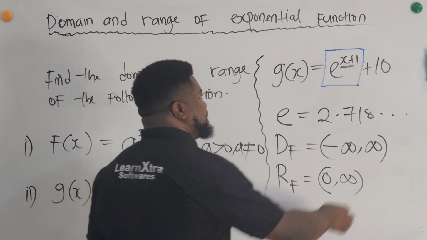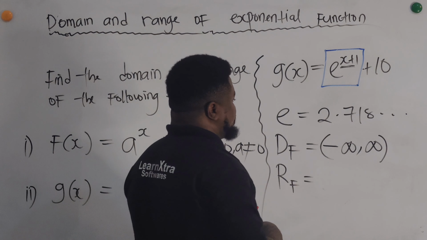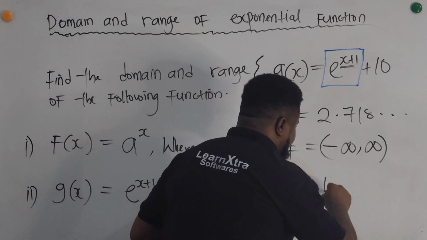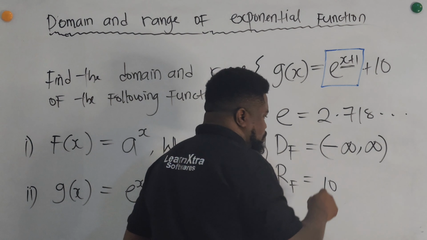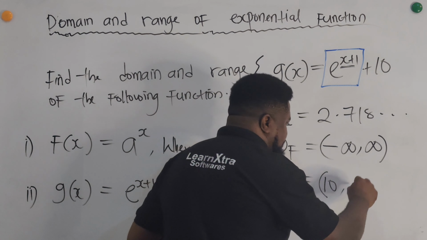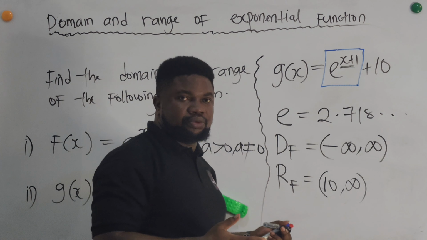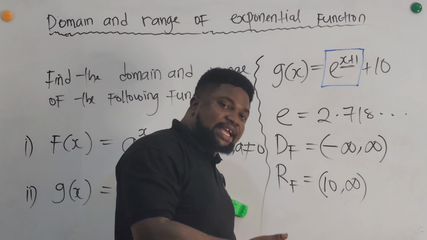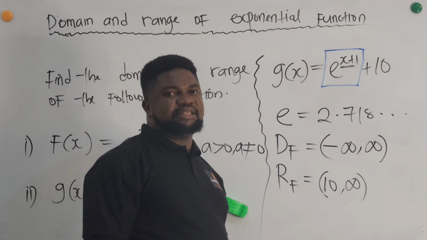So my actual range is going to be 10 to infinity, and 10 is not included, because it can't be 0, so 0 plus 10, which is 10, is not attained.